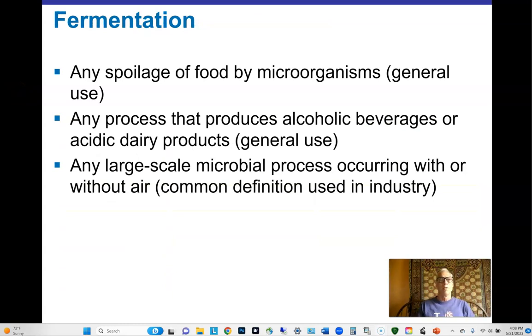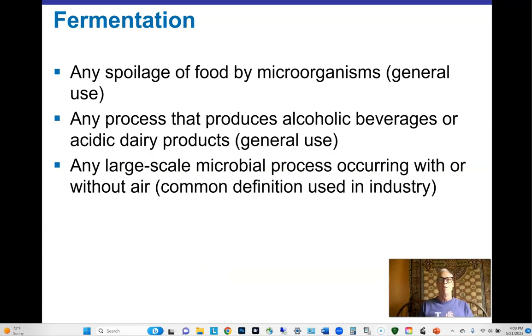All right, let's talk about our next topic, fermentation. It's the last part of our metabolic diagram we've been following along with all the first half of chapter 5, the fermentation process. When we talk about food spoilage, we're generally talking about fermentation going on that very much changes the properties and the flavor and smell of food.